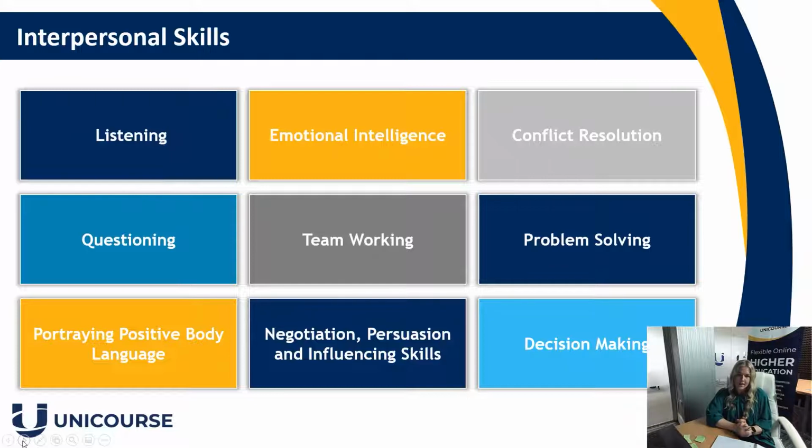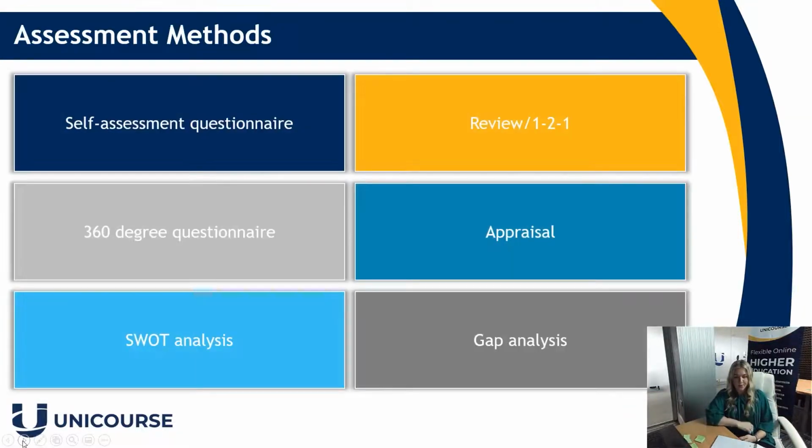And team working, and making sure that you're questioning to get into the root cause of problems in order to be able to solve them, and also negotiation, persuasion, influencing, and being able to be empathetic as well, and portraying a positive body language is essential as well, and making decisions that people are confident in as well. So having that assertiveness is also important within the middle management role.